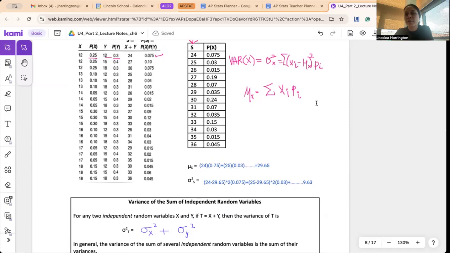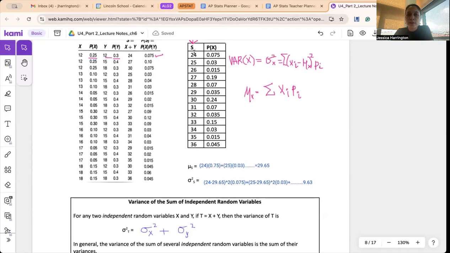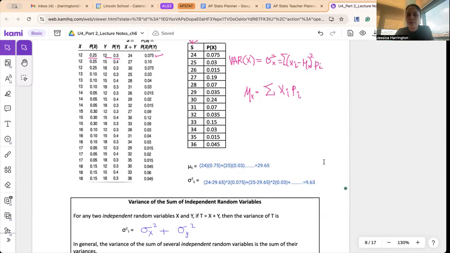Again, you have to sum all of the differences between your X and the mean and square that and then multiply it by the probability. So I've done that here. I started it, right? So for the first one, it's going to be 24 minus, what's the mean? 29.65. I square that and then multiply it by the probability of 0.075. I would do that for each line, and it comes out to be 9.63.